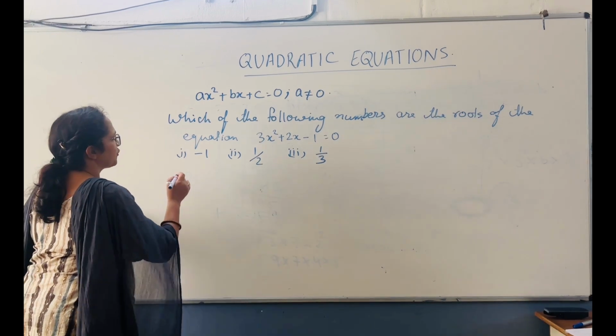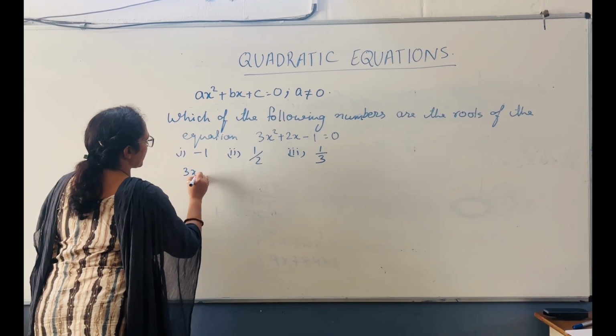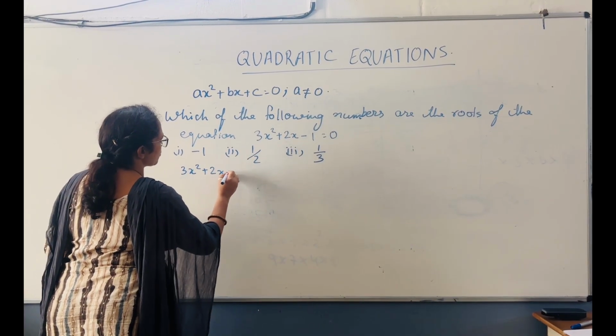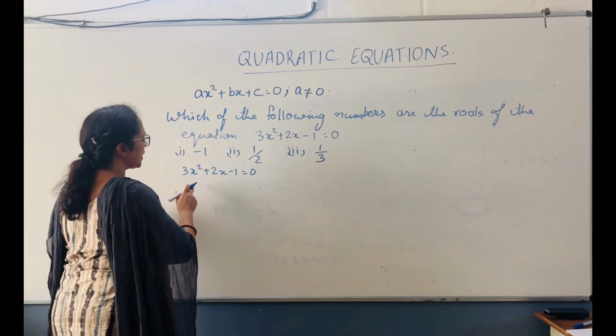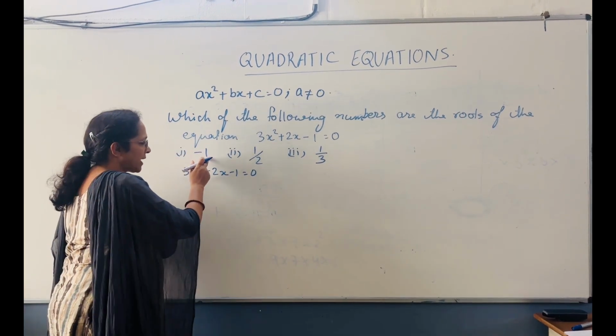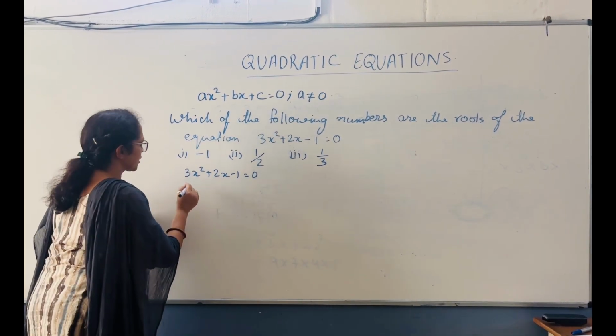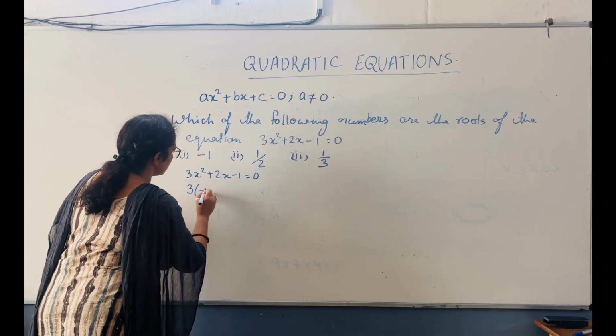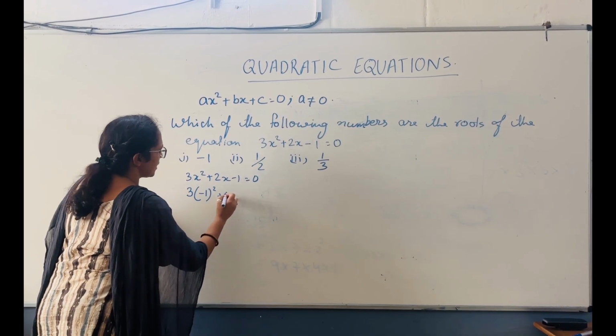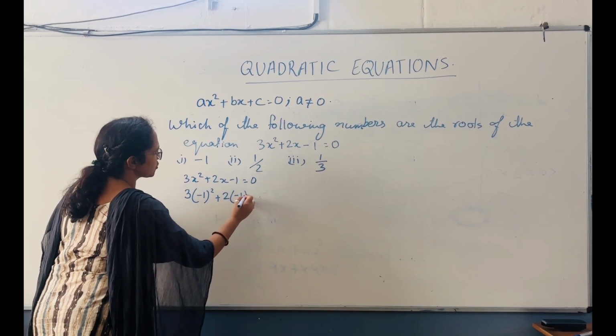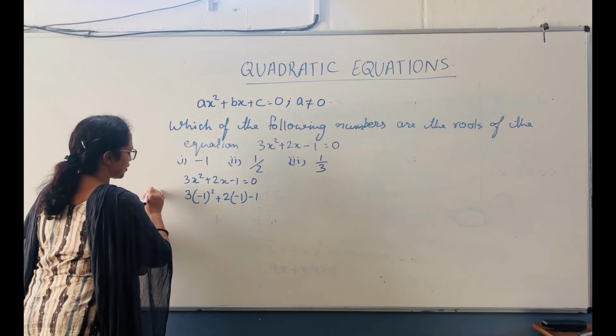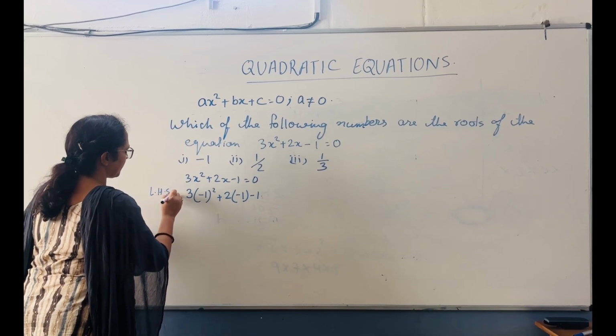Taking the first one, 3x square plus 2x minus 1 is equal to 0. I am putting minus 1 at the place of x. So it will become 3 into minus 1 square plus 2 into minus 1 minus 1. I am taking LHS only, and let's see what happens.